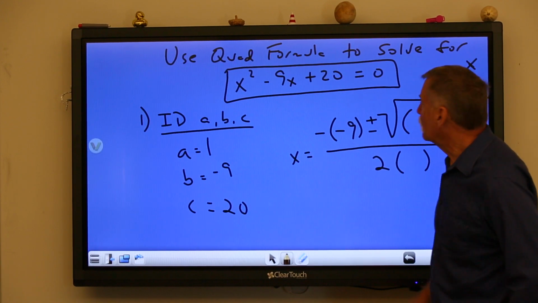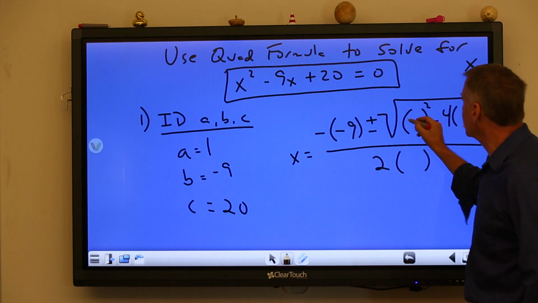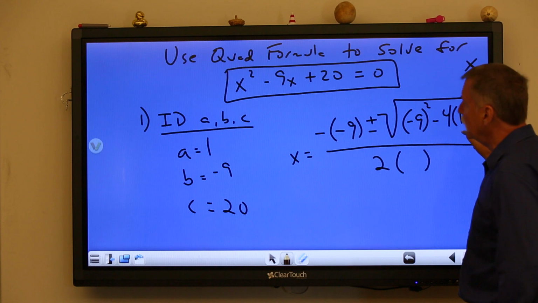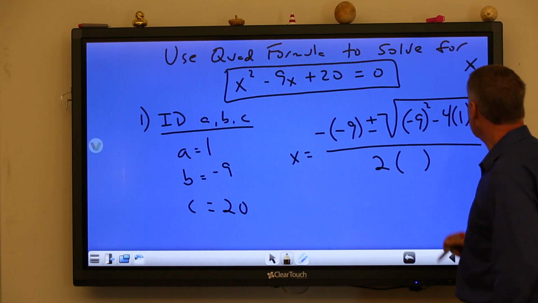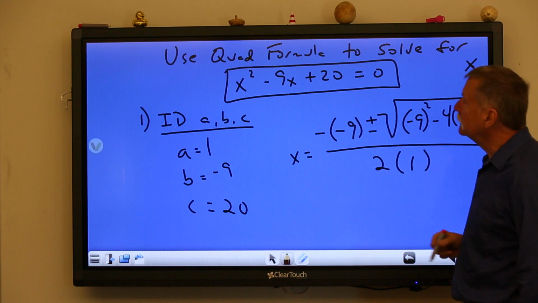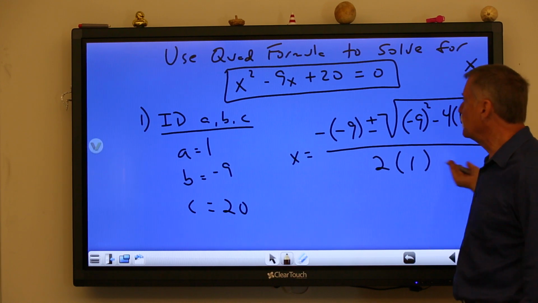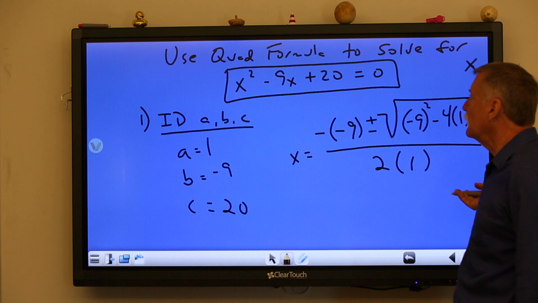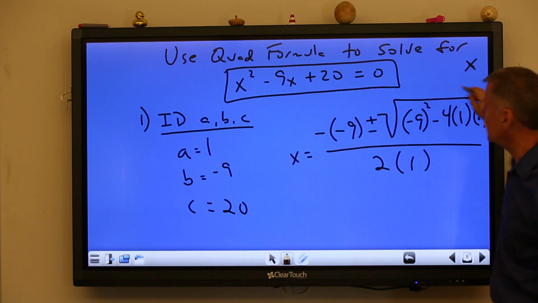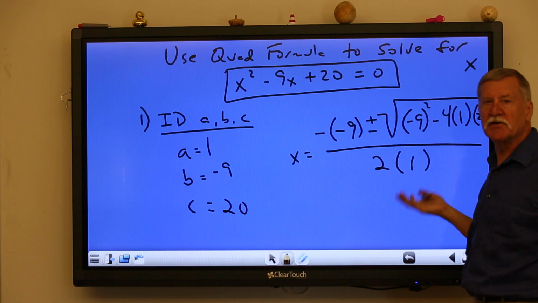The formula says b squared, so again, that's minus 9. For ac, a is 1, and c is 20. Over 2a, and a was 1. You with me so far? Simple substitution. We figured out what's a, b, and c, and we substituted it into the quadratic formula.